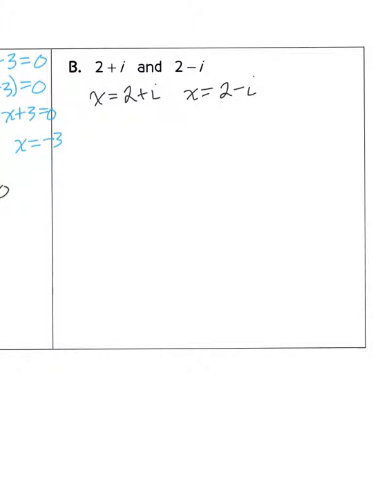Then you're going to do the opposite of these on the other side. So you get x minus the 2 minus the i equals 0, and x minus the 2 plus the i equals 0. Now multiply them together.